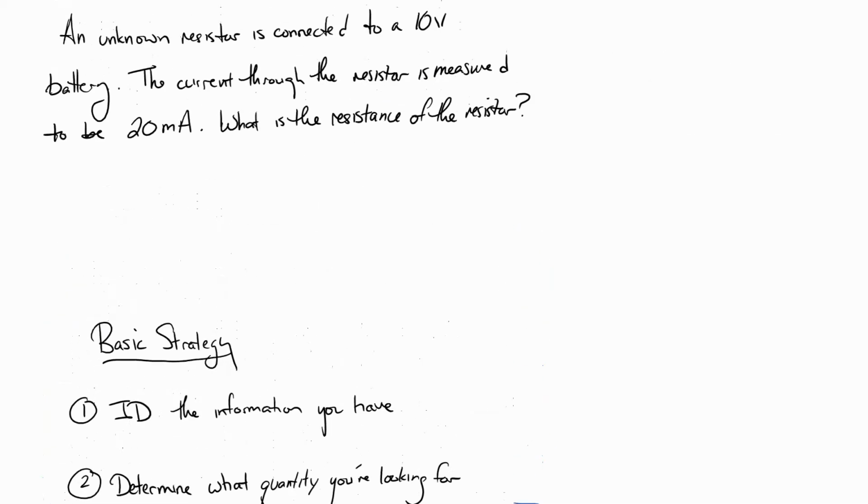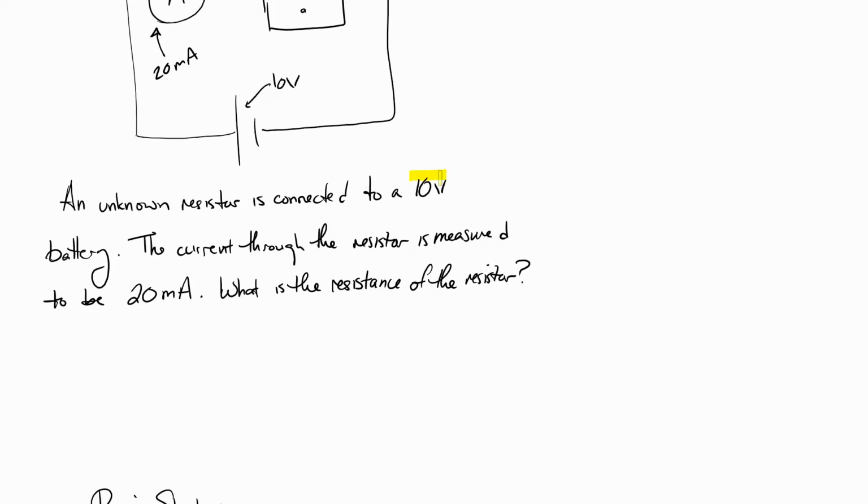So first step, ID the information we have. Well, we know we get a 10-volt battery, and we got a 20 milliamp current. So if I start a little tally over here, delta V battery is going to be 10 volts. My current, and I know there's only one current in a series circuit, is 20 milliamps.